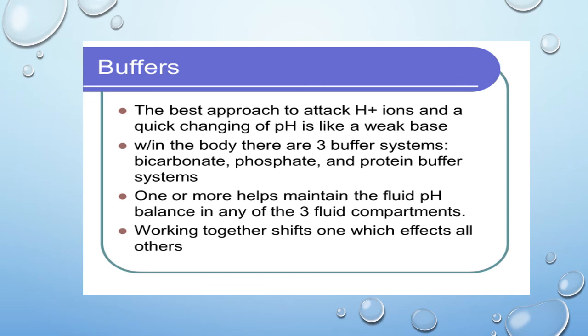It was found in blood plasma, water is found in intracellular fluid, and water is also found in interstitial fluid. Okay, so those 3 buffer systems all are involved with fixing or altering one of those 3 areas where water is stored.